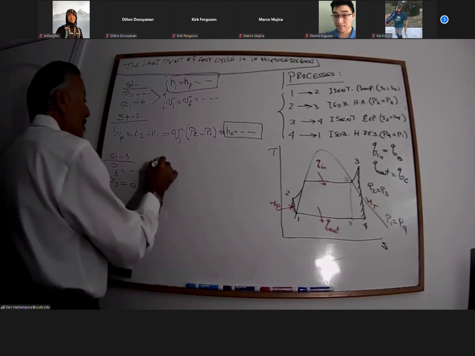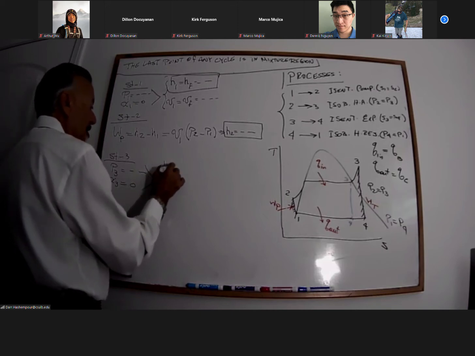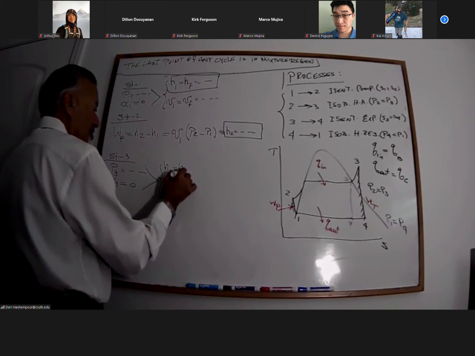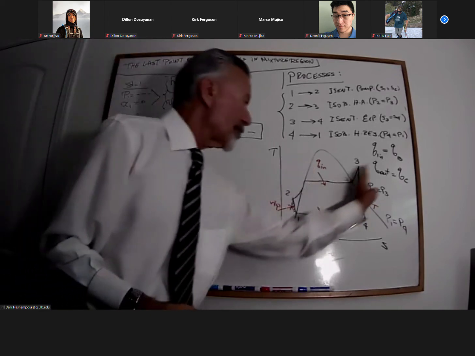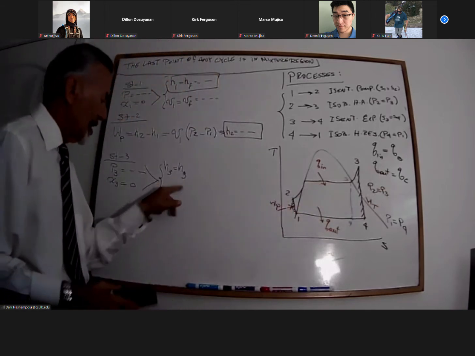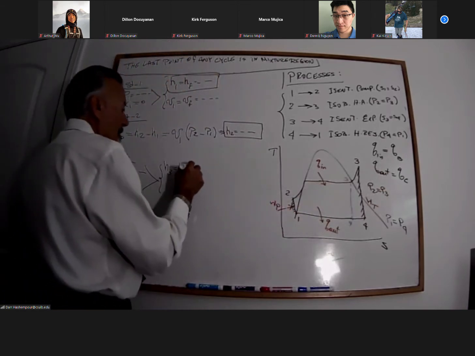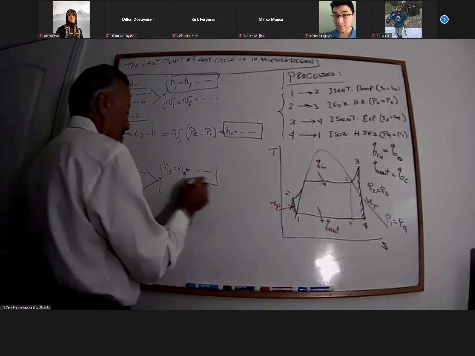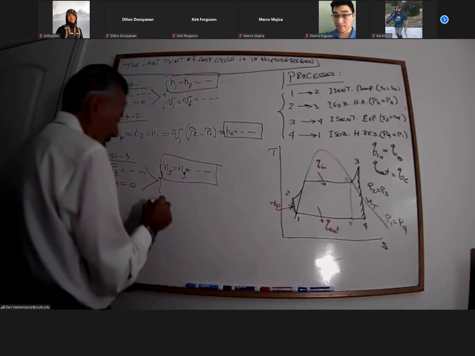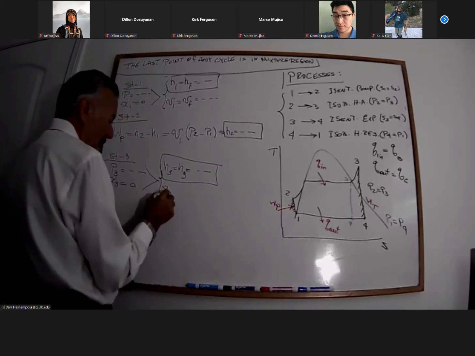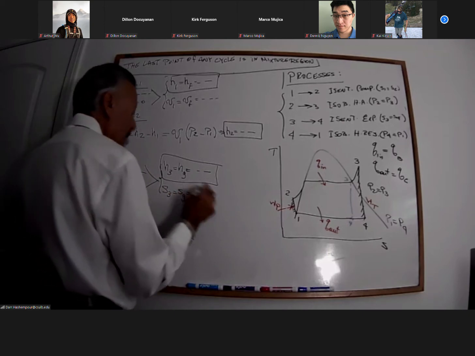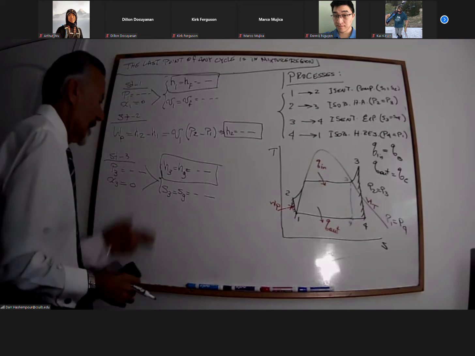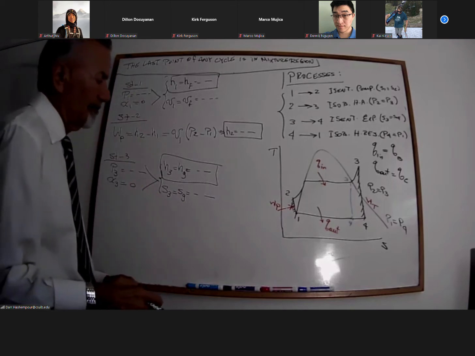This time, I find H3, which is H of G, because now I'm at the vapor side, so I have to use H of G. And that would be my H3. While I'm there, I also find S3, which is S of G. So that completes my state 3.